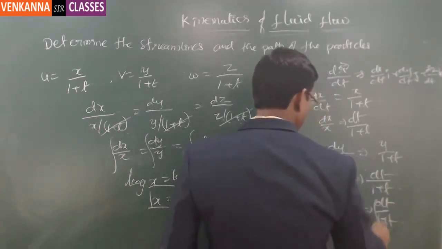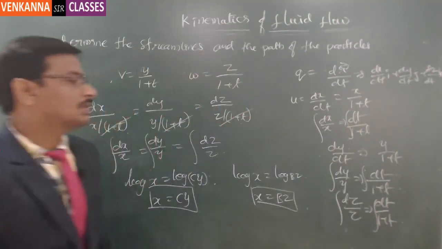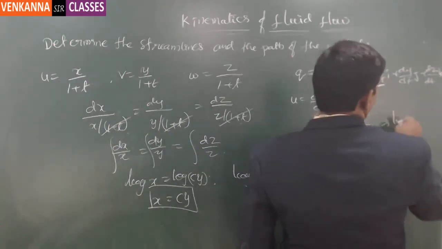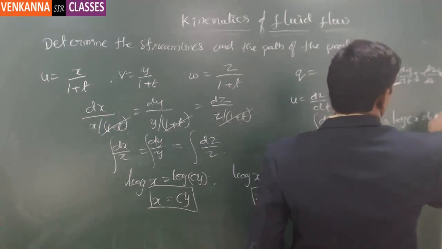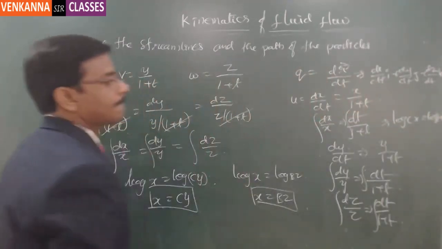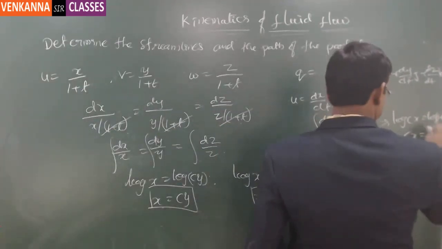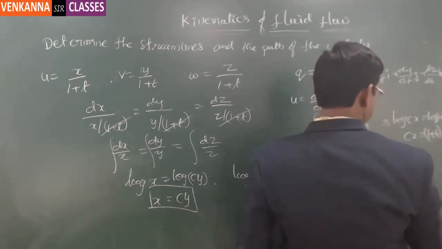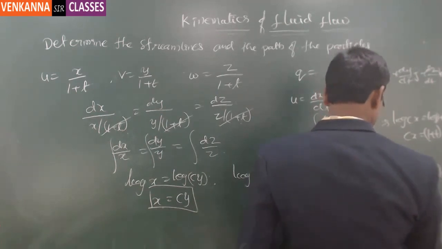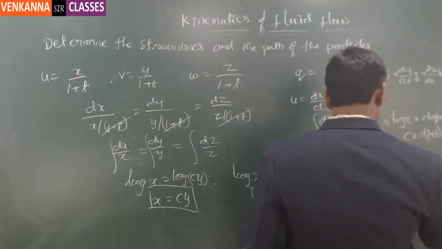Now if you integrate on either side, then you get log x is equal to log 1 plus t. Log cx is equal to log 1 plus t, so cx is equal to 1 plus t. And then ay is equal to 1 plus t, and bz is equal to 1 plus t. This will give the path of the particle.